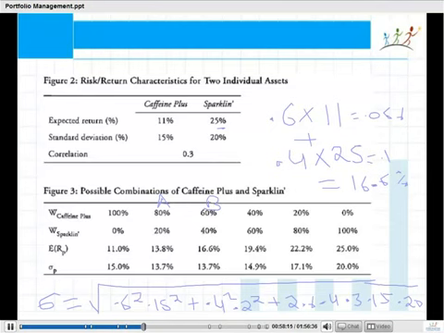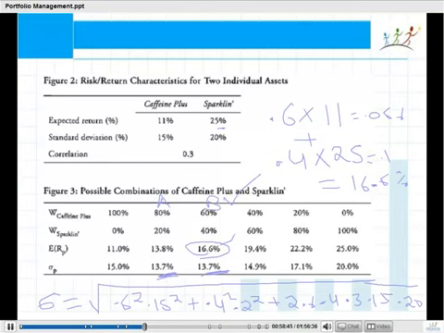Portfolio A or portfolio B? Investors are risk averse. For the same risk, they will want higher return, and for the same return, they will want lower risk. So investors are more likely to invest in portfolio B because for the same risk, portfolio B is giving a higher return.